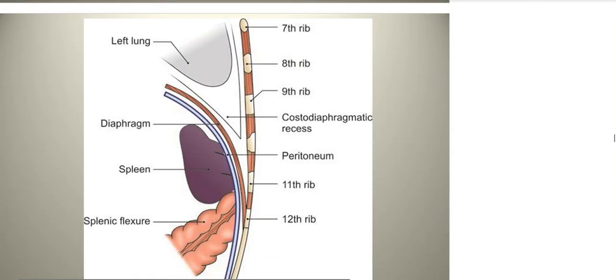The position of the spleen can be seen here clearly: it lies at the 9th to 11th ribs, and this is the diaphragm.